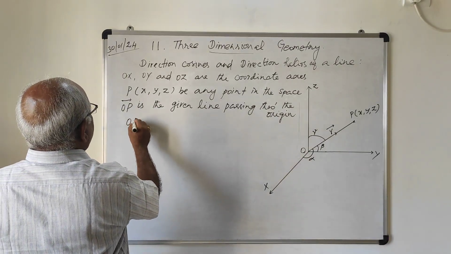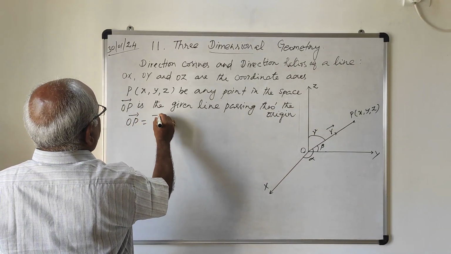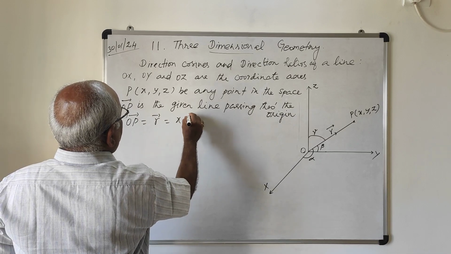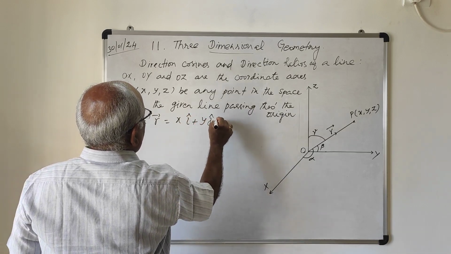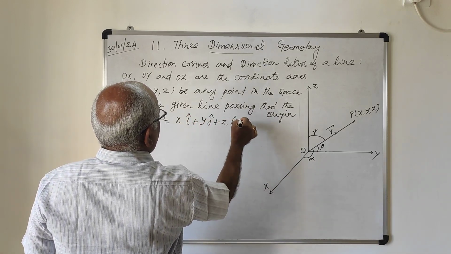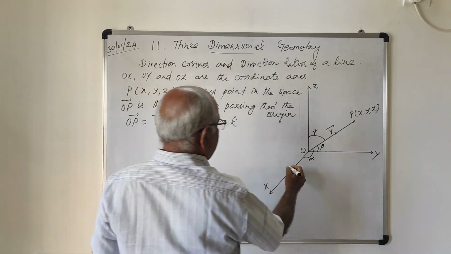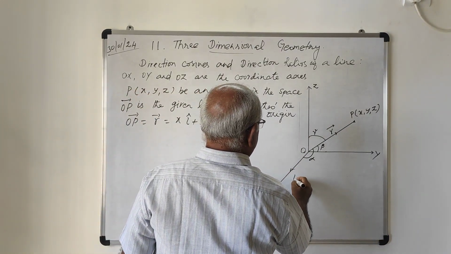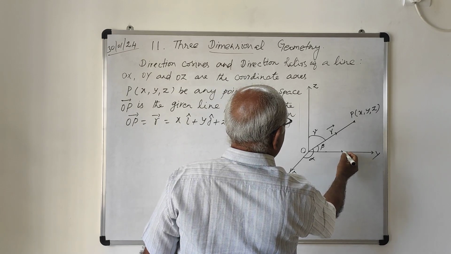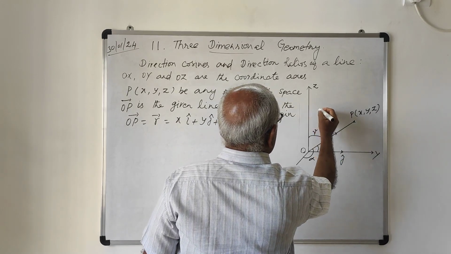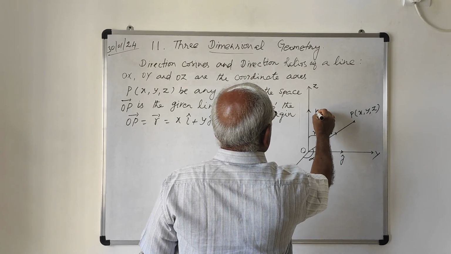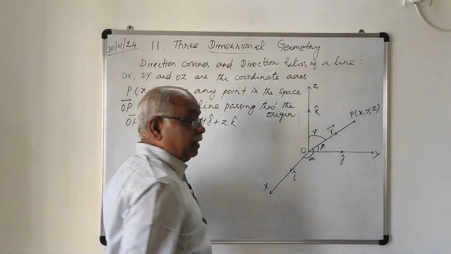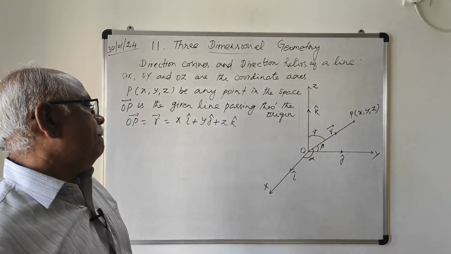The OP vector is defined by the vector r, that is given as x i vector plus y j vector plus z k vector, where i, j, k are the unit vectors acting along the coordinate axes. I cap, j cap and k cap are the unit vectors acting along OX, OY, OZ respectively. These are the things we have seen in vector algebra.